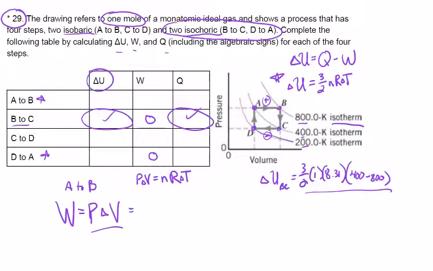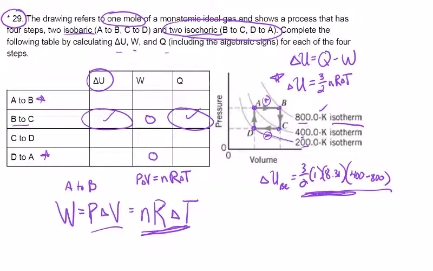So another way of actually finding the work is to take n, the number of moles, times the ideal gas law constant, times my change in temperature. And I have these temperatures on here, so I should be able to find it. So it looks very similar to the change in internal energy, which is 3/2. This just has n, so there is no number in front. If you want to say it's 2/2 or it's 1, whatever.